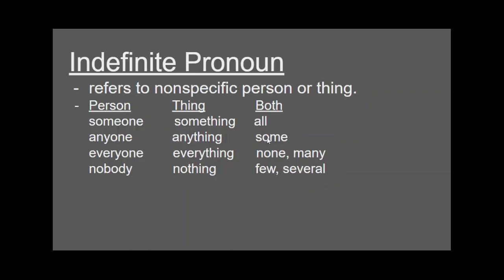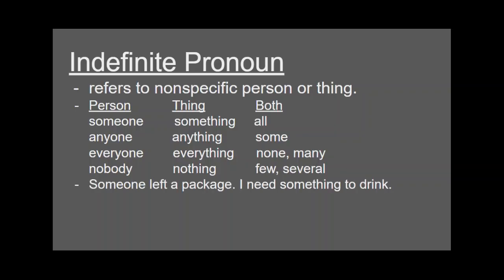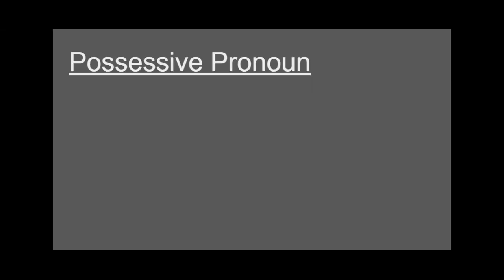For plural, we use some. Everyone, everything, none, many, nobody, nothing, few, several. Someone left a package. I need something to drink. This is our final pronoun type.